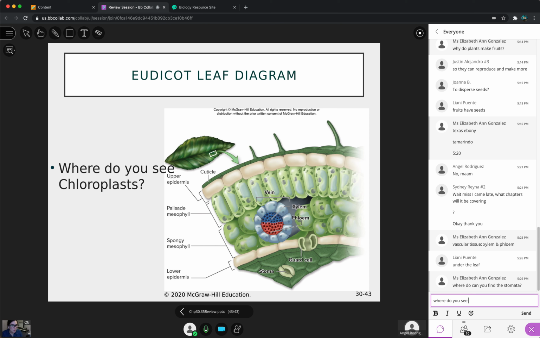I'll put it in the chat. Where do you see the chloroplasts in the picture?